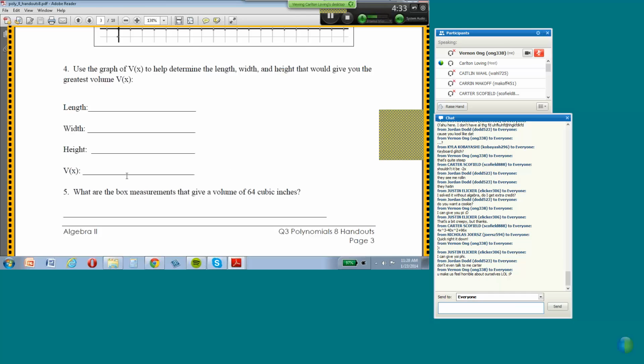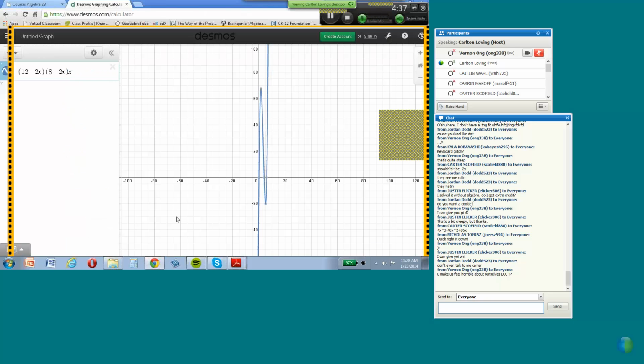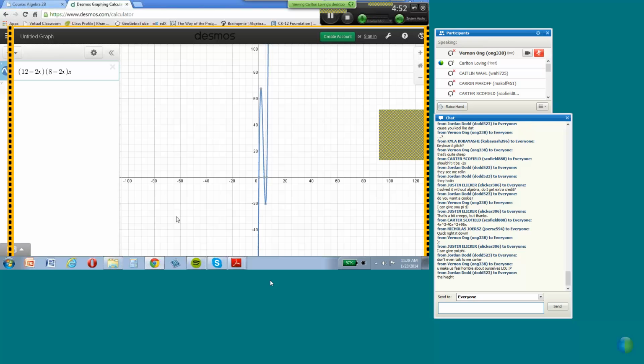If I'm looking at the graph, how does this graph help me find volume? What do these X's and Y's mean? Okay, the height, what about the height?